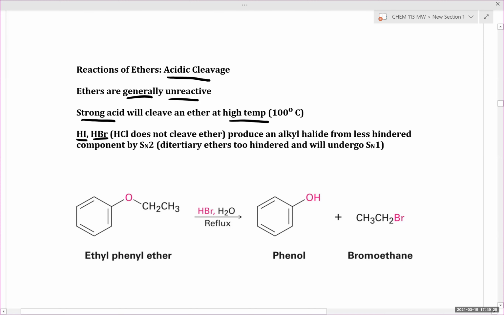Hydroiodic and hydrobromic acid produce the alkyl halide at the less hindered position. This occurs via an SN2 reaction for primary and secondary ethers, while tertiary ethers undergo an SN1-like reaction.